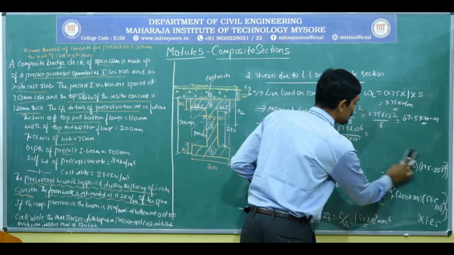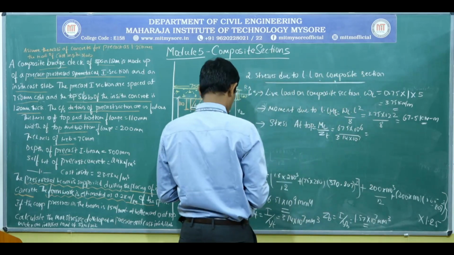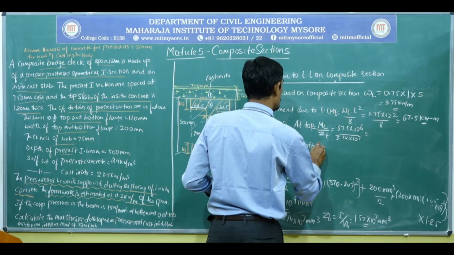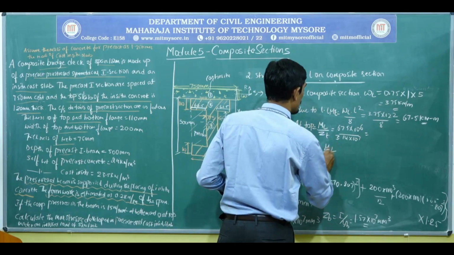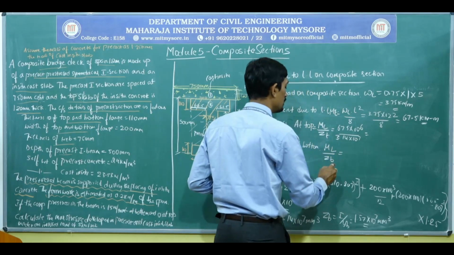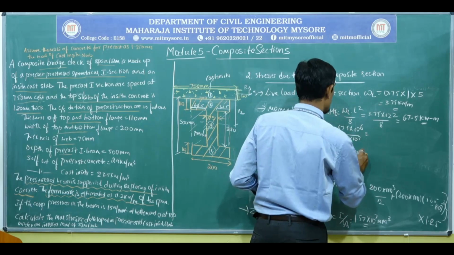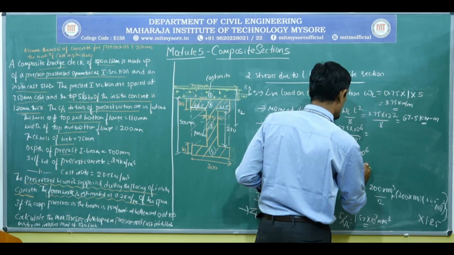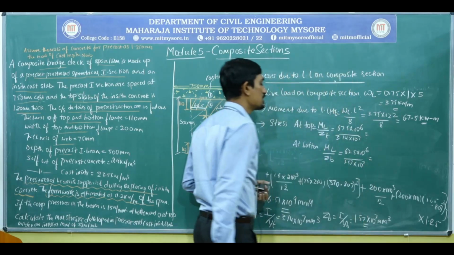Next, stress at bottom is ML divided by Z bottom, that is 67.5 into 10 to the power of 6 divided by 1.57 into 10 to the power of 7.